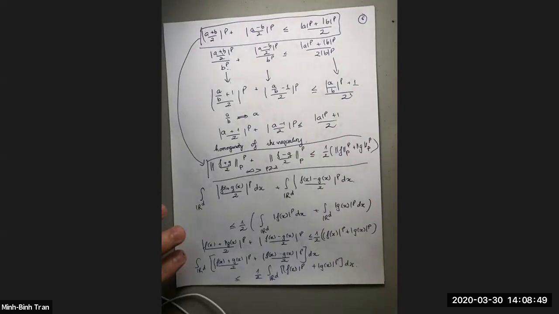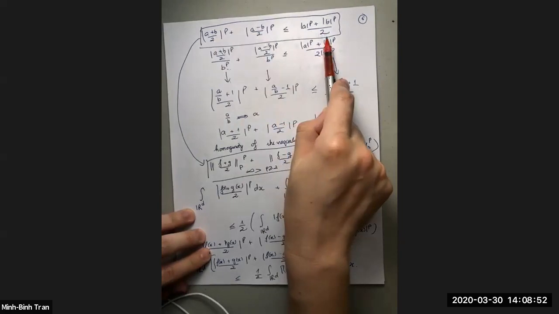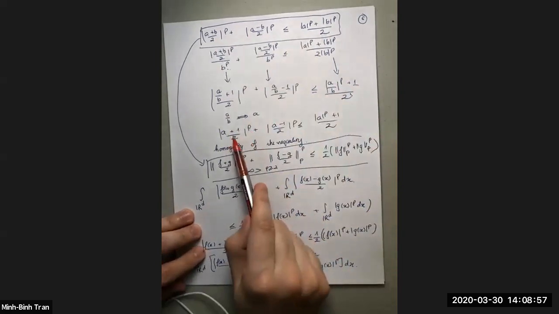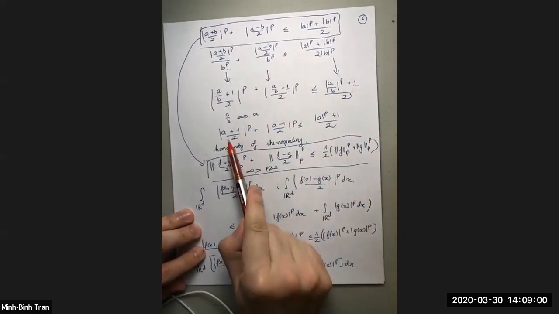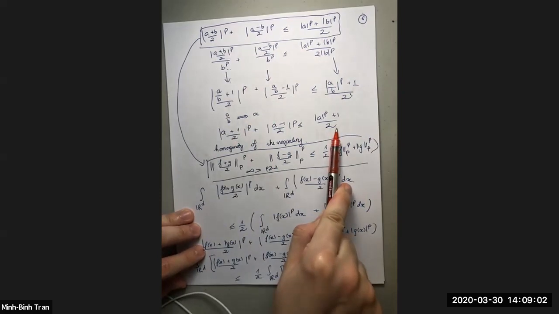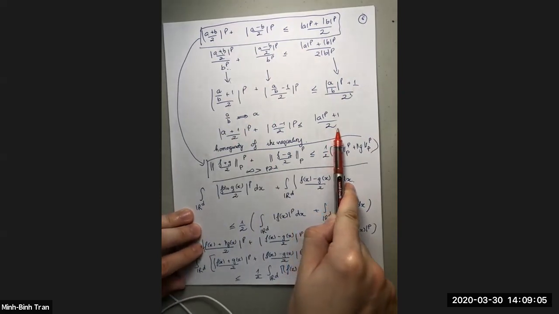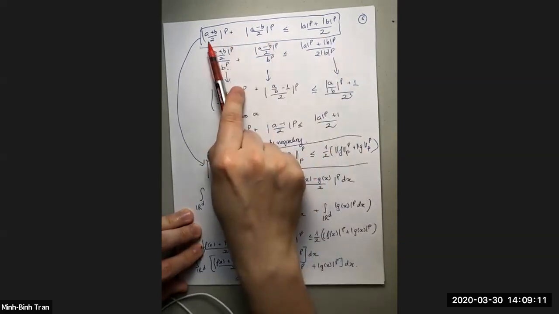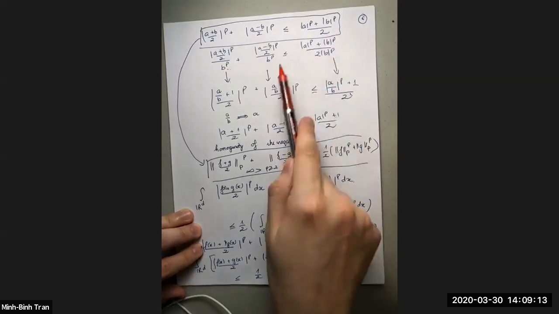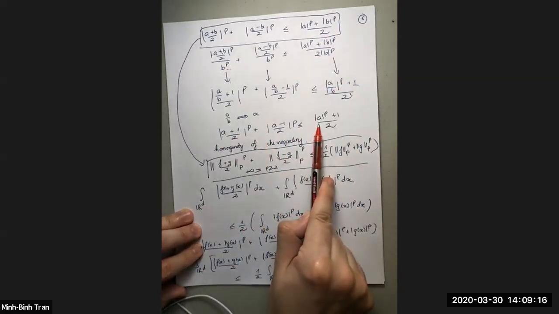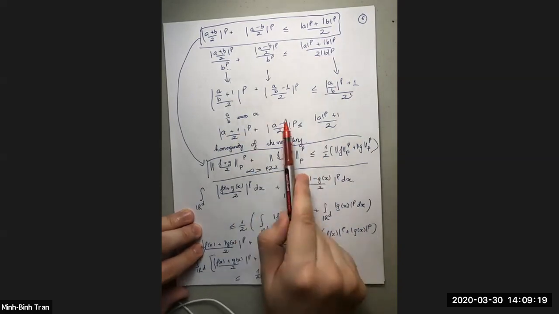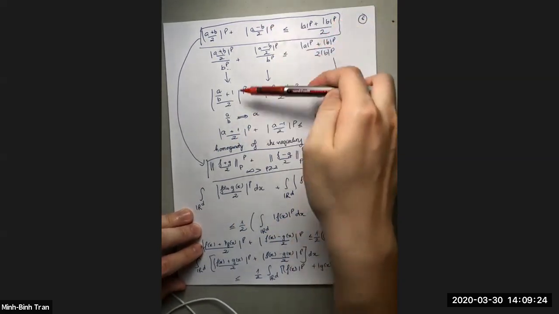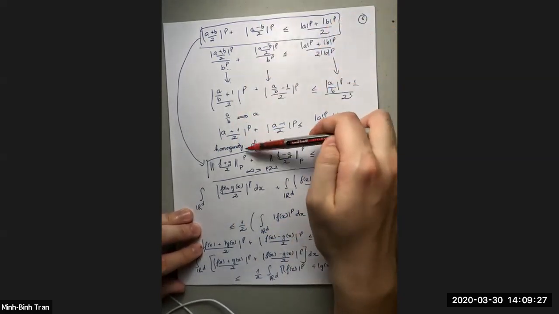So now when you have this inequality already, this inequality corresponds to the fact that you pick b to be 1, but the general inequality that we need is this one, right? This one corresponds to the special case p equal to 1 that we've just shown. But the two are equivalent because of the homogeneity of this inequality.